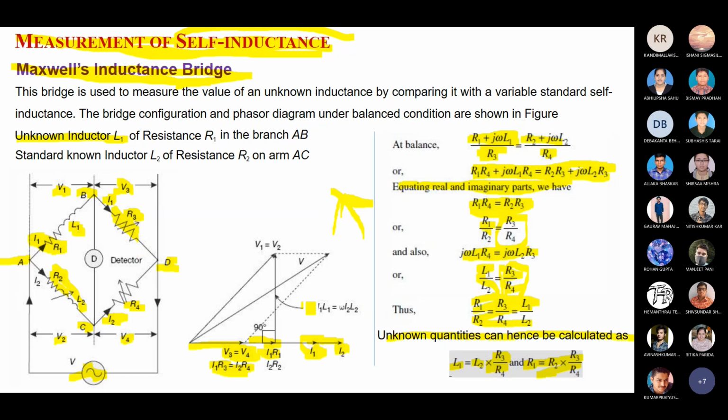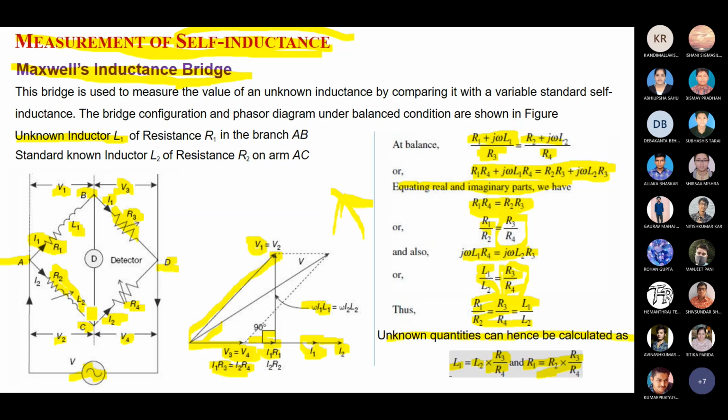That means omega L1, with the j part meaning plus 90 degrees, so it comes 90 degrees ahead. So you are getting that point, j omega L1. You can add these two points, and directly you will get the value of V1.